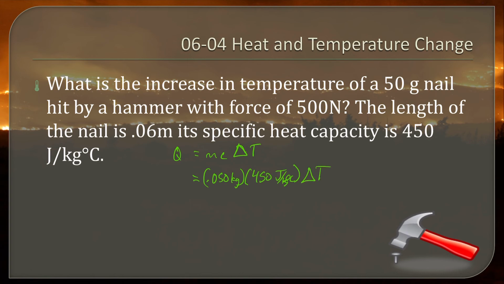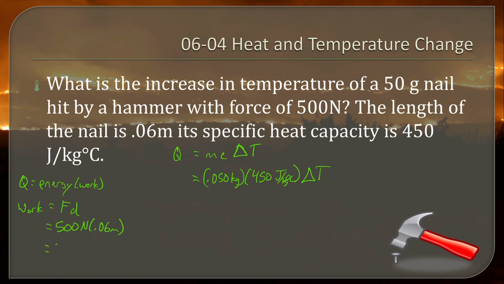What's our heat? Well, heat's energy, right? So our heat is energy. Energy is the same thing as work. Work is force times distance. We have a force of 500 newtons and a distance of 0.06 meters.